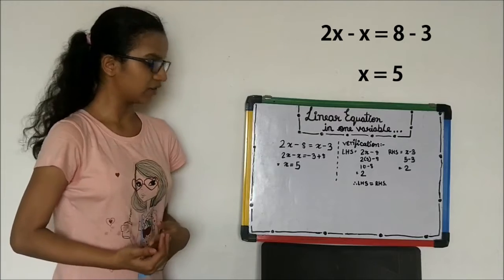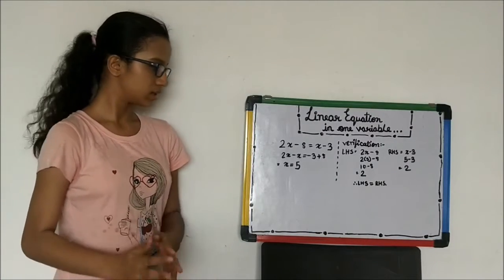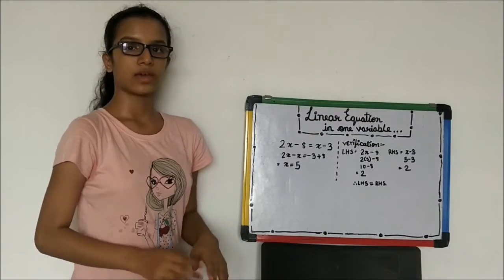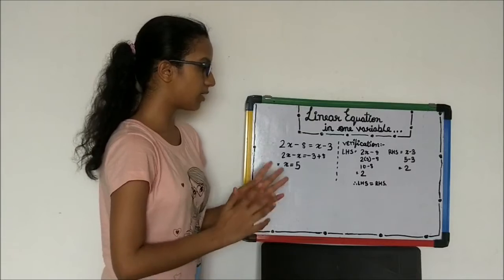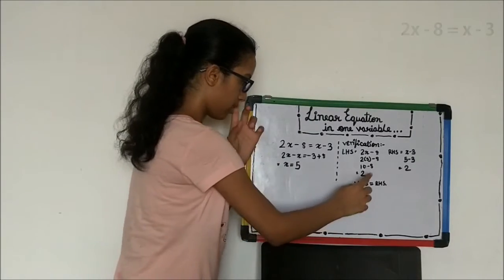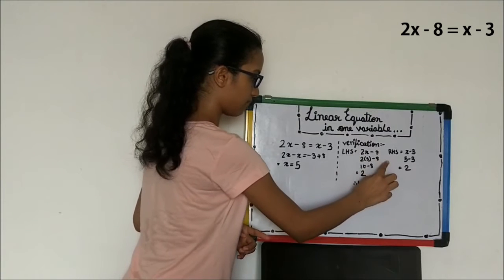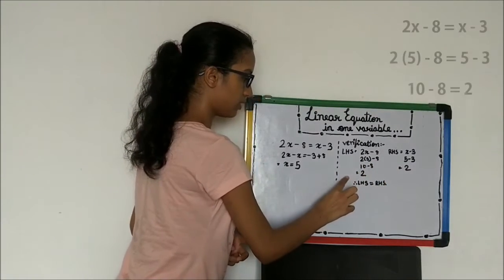x equals 5. But how would we know that our answer is correct or not? So, let's verify it. It's very easy to verify. We just have to substitute the value of x, the answer we got, that is 5. And first, let's solve LHS. So, 2 fives are 10 minus 8 equals 2.